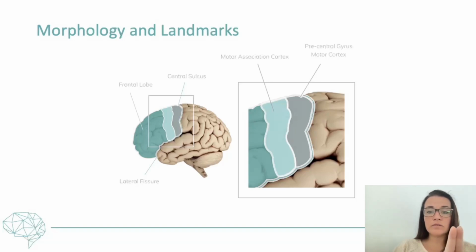These two gyri sit right next to each other and they're in communication all the time, because the precentral gyrus is our motor cortex. We have a whole lot of representation of our bodies on the precentral gyrus that corresponds to what's happening on the post-central gyrus.